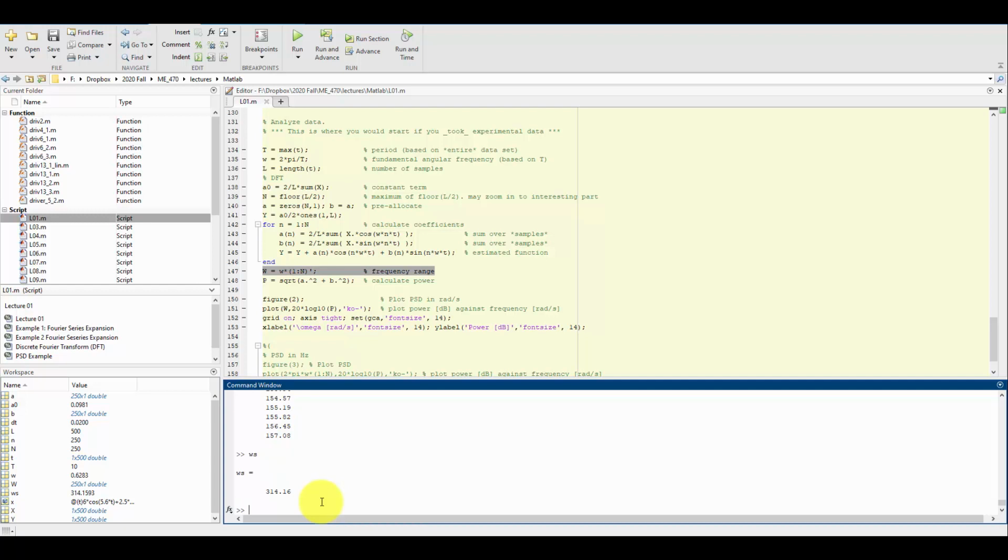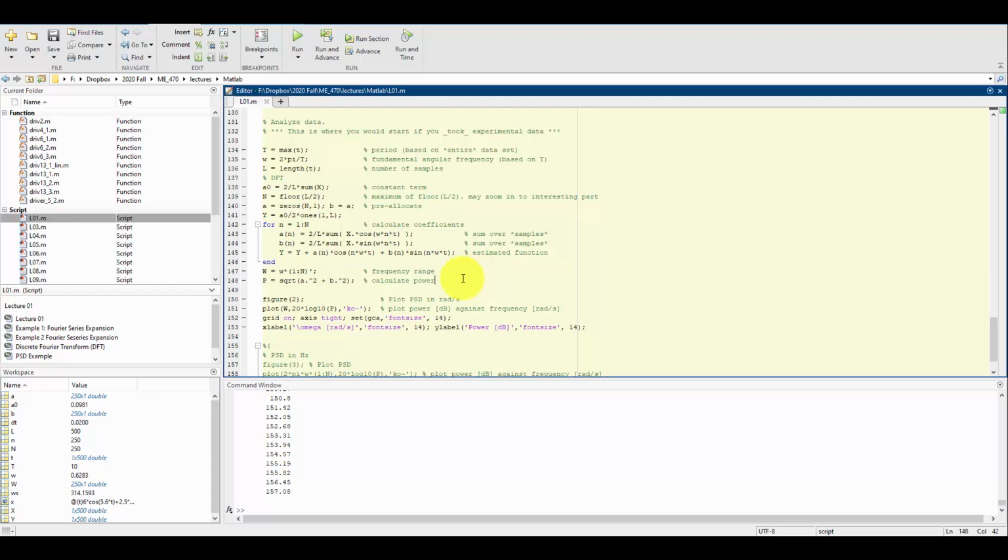I can only detect up to half of my sampling frequency on the plot I'm about to make. And then if we see the smallest value of this capital omega is going to be that 0.628, well, that is that fundamental frequency. And again, that's the spacing between any two neighboring frequencies. When we look at the plot, this is going to make a little bit more sense.